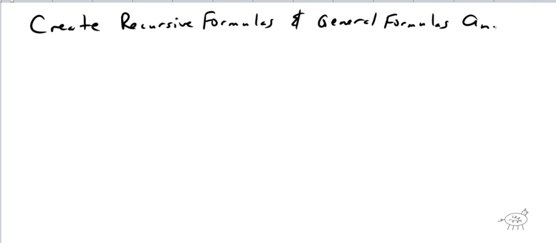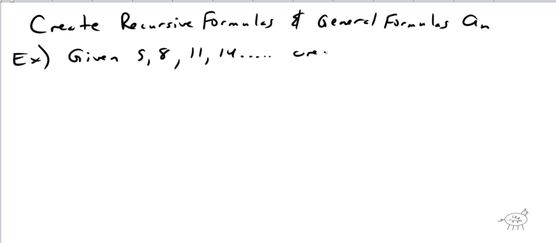Okay, so let's just start out with a nice little friendly example here. Given 5, 8, 11, 14, keeps going. Create a recursive formula.